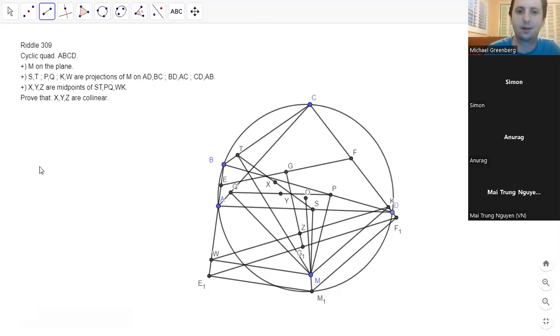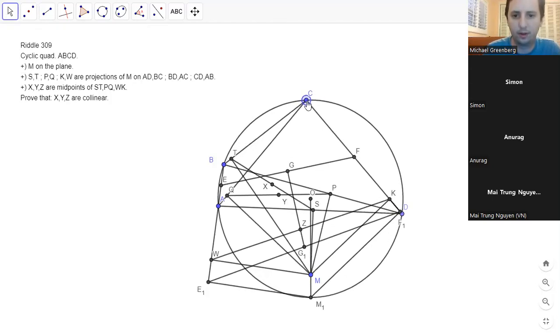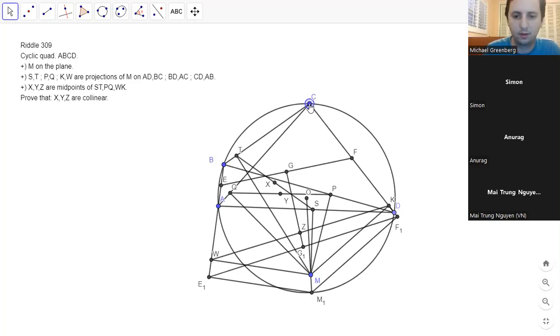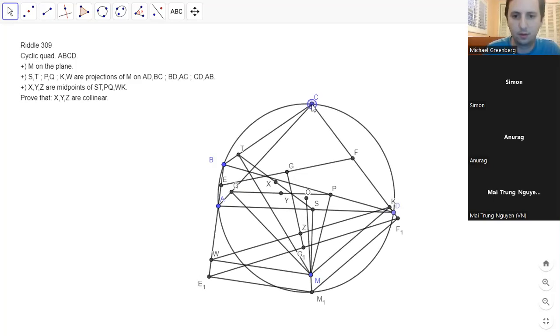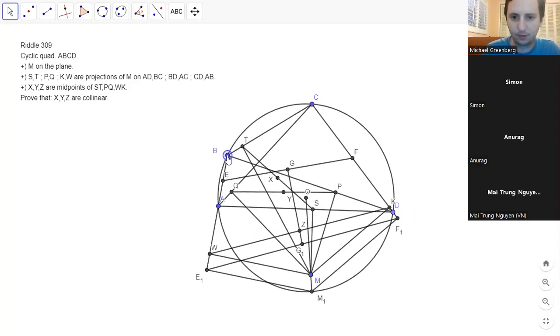Yeah. And GZ over ZG1 is equal to EW over WE1, and it's equal to OM over OM1. We name it a constant K.